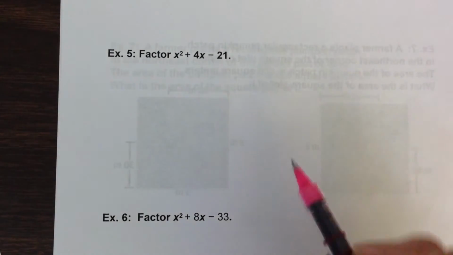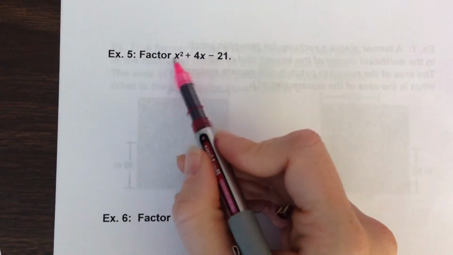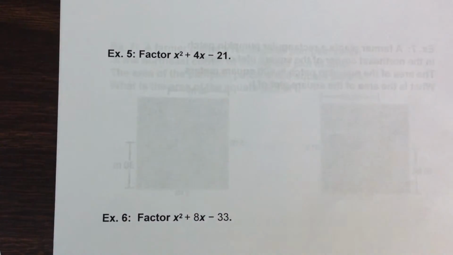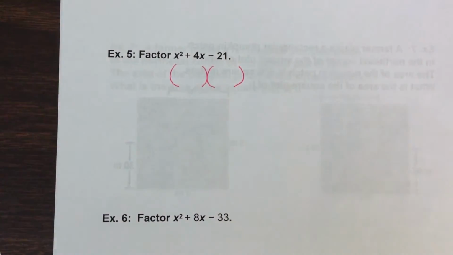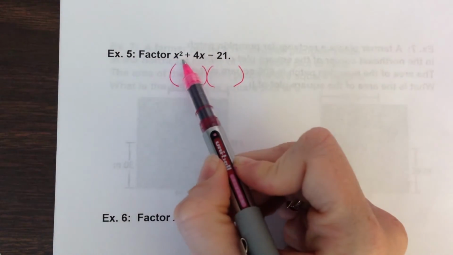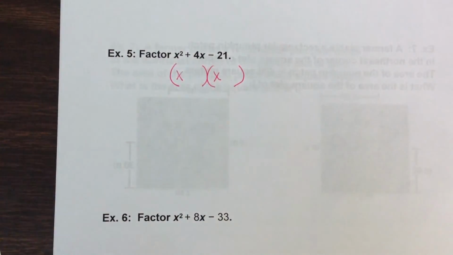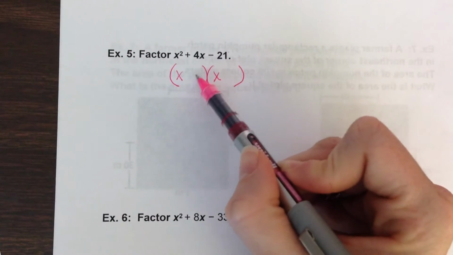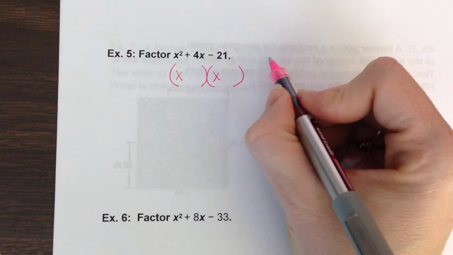Now we're going to factor these 2. So same structure: trinomial, second degree, leading coefficient of 1, which tells me that it's going to be 2 binomials. Same thing, this first term x squared would be split into the x and the x. Same thing, we know our last terms need to multiply together to get negative 21.